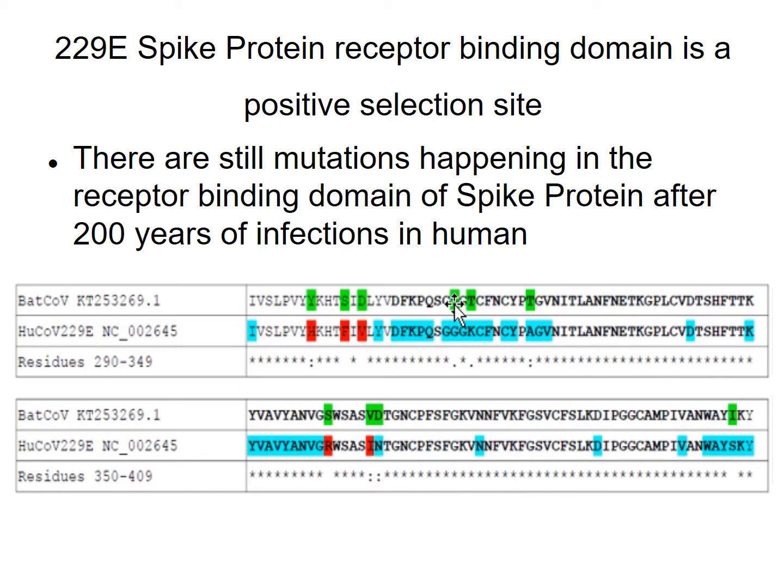If you look at the other fragment of the sequence, the bold is the receptor binding domain. The blue means after adapting from bat to human, those are the recent mutations detected in recent years after 200 years of adaptation.